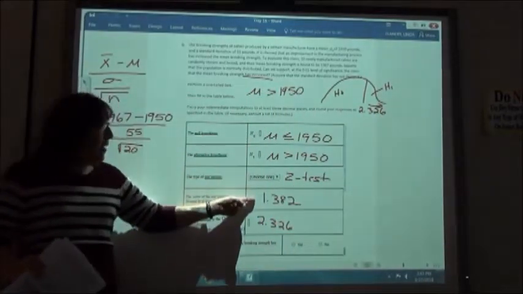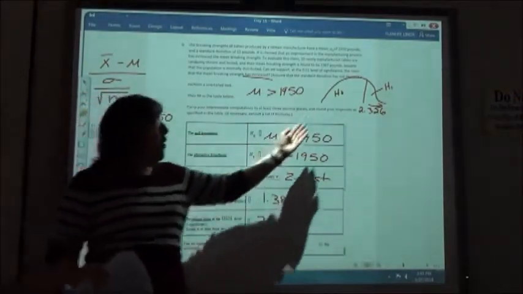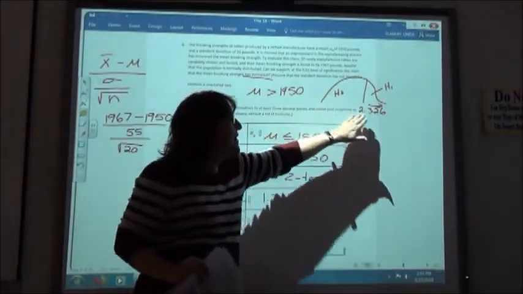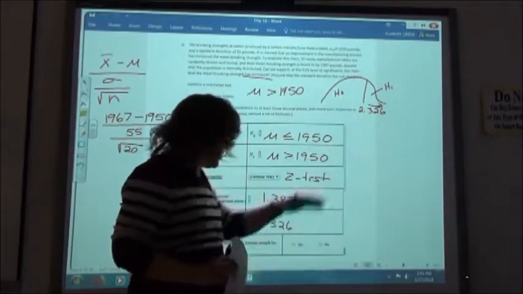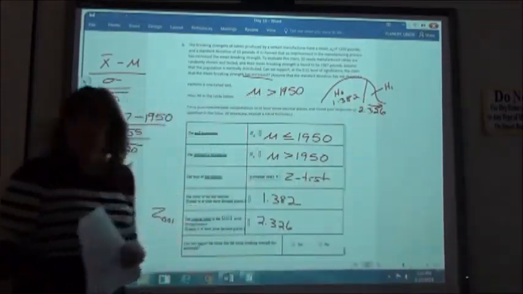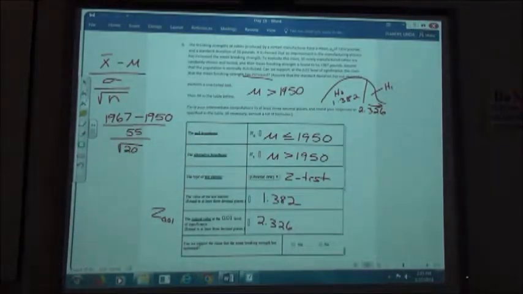This is my test value. Does the test value fall in the null section or the alternate section? Well, since it's less than this value, it's going to fall in this section. 1.382 is going to be over here on that side, because it's smaller than my 2.326.